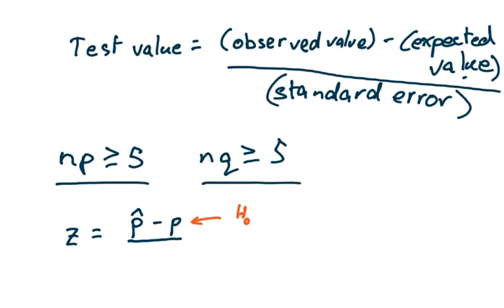And again, we use that same exact value, we just use an inequality for H subscript 1. And then here in the denominator, this is the square root of the whole thing, P times Q, so we can just write it as PQ divided by N, all underneath the square root.